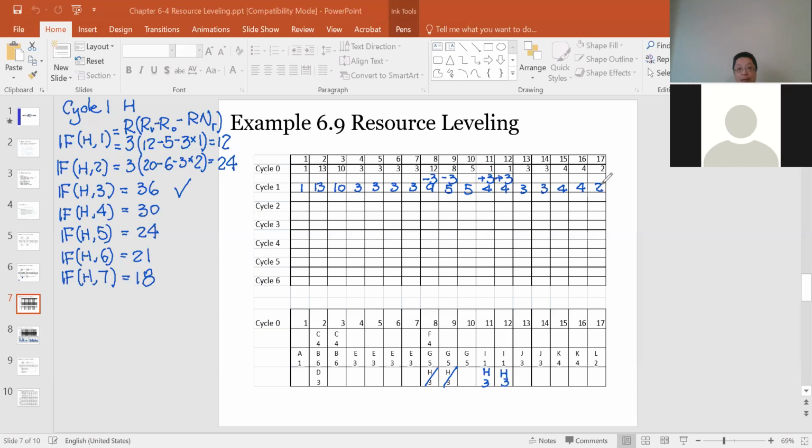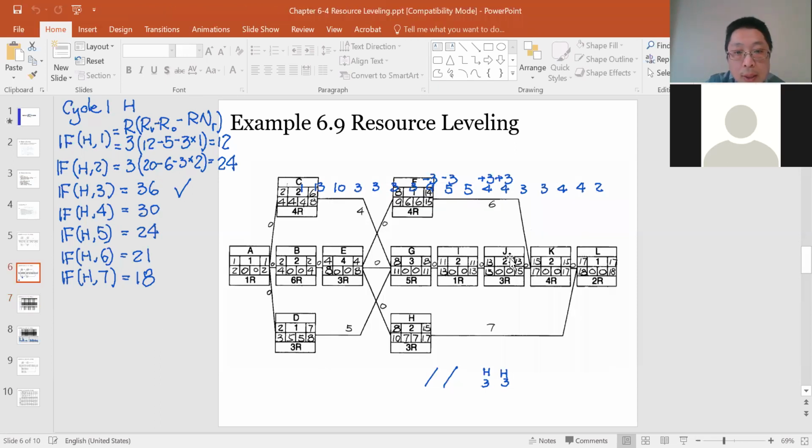Then for the next activity, we need to go back to our network to see we already finished this one. Then we keep comparing the late finish to find which one I should analyze next. Among these four non-critical activities, I already finished H. H is gone. Which one should I analyze next? E, very good. Oh, no. E is here.